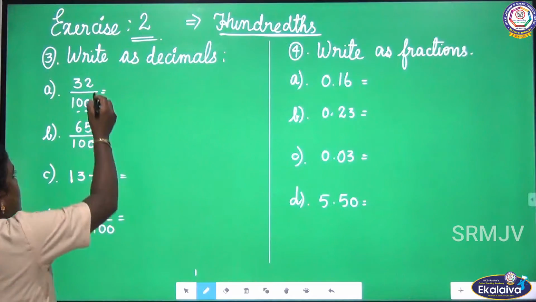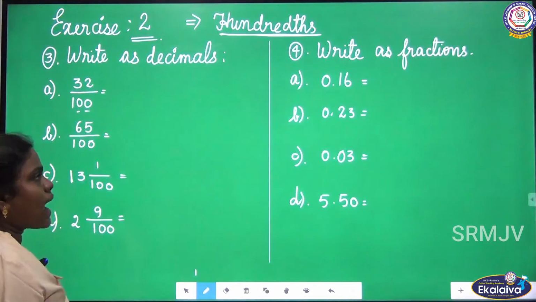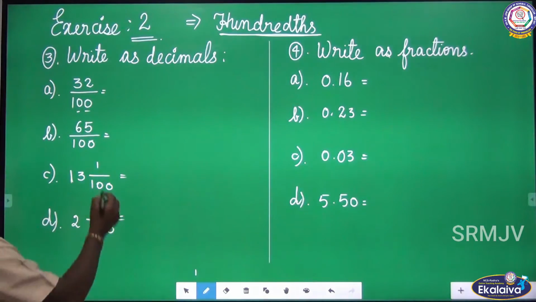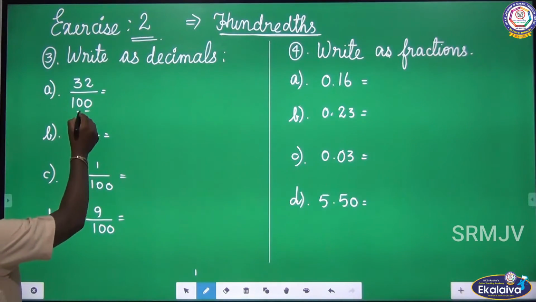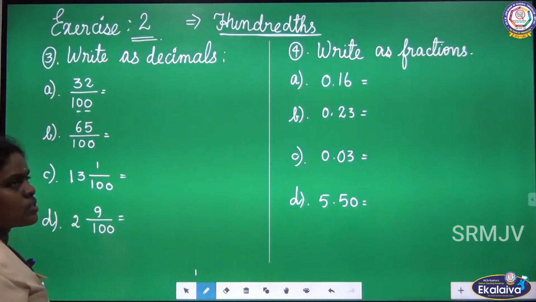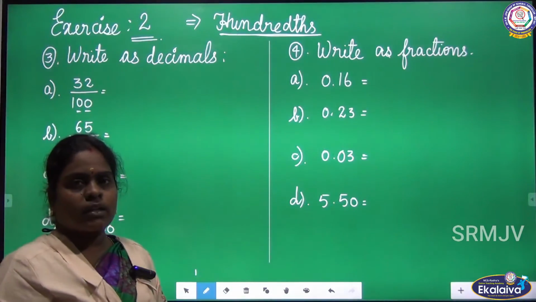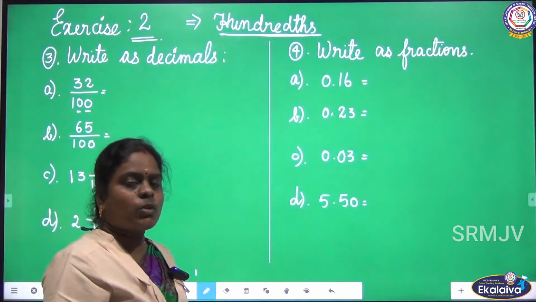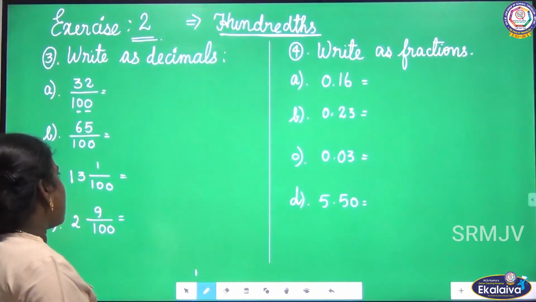Look at the fraction 32 by 100. Look at the denominator, children. We have 2 zeros in the denominator, so we have to place a dot before 2 digits in the given number.